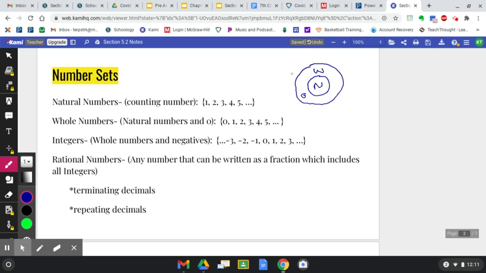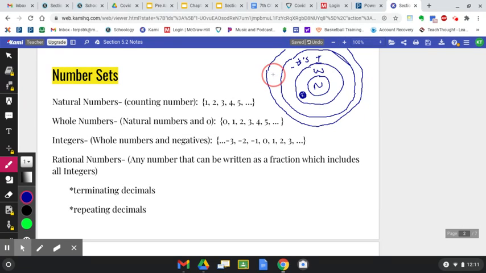And then we add integers, right, where we keep those same 0, 1, 2, and so on, but we add the negative aspect, right? So integers include negative numbers, right? So that's the addition there. And then we include, run out of room there, right? Rational numbers, right?